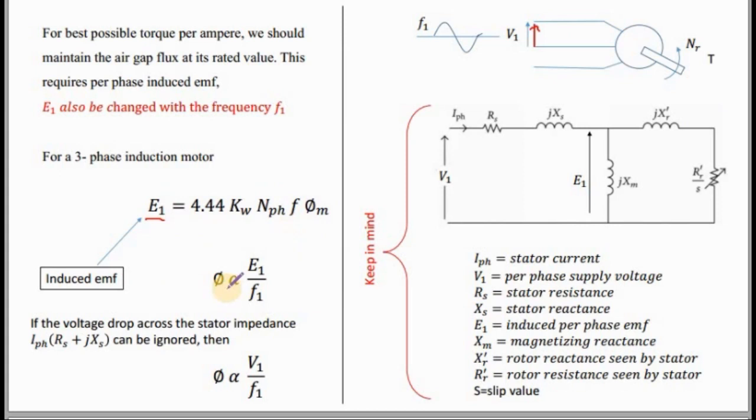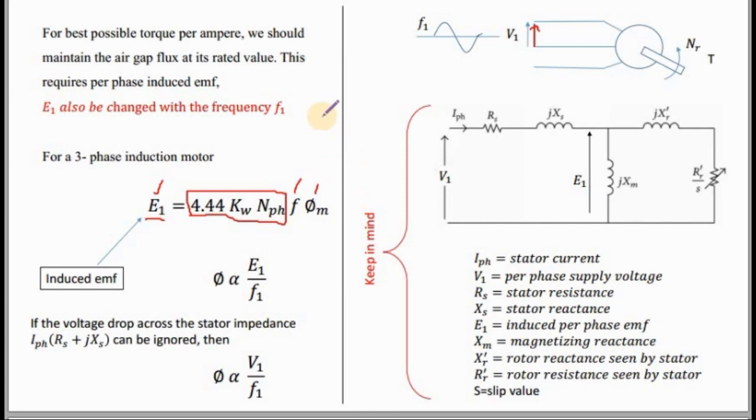So if you take this equation, this one, that one, and this one are constants. So only E1, F and psi m are the variables.